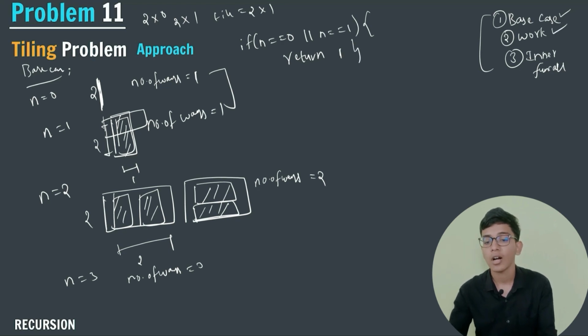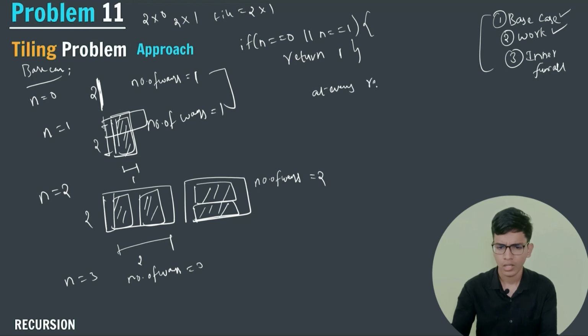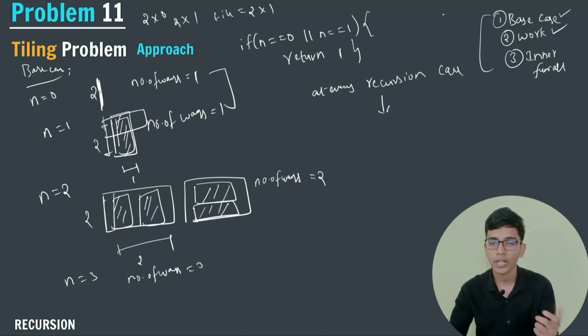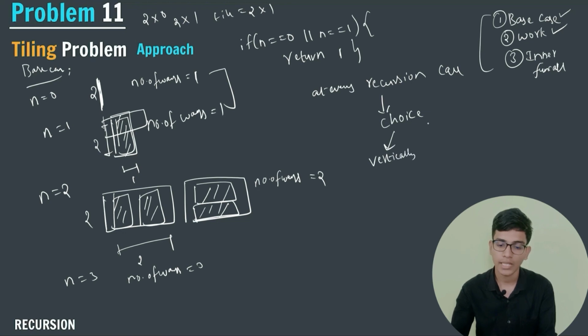After that, the work I am going to perform. Can you observe one thing: that at every recursion call, what I am trying to do is make a choice here, right? What choice? Either I can put my tile vertically or horizontally.